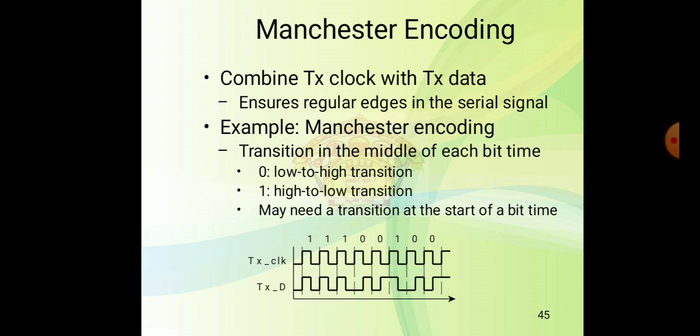Since in Manchester encoding the data is synchronized with the transmitter clock and the clock is combined with the data, the receiver must be able to recover the transmitted clock and the data from the signal. It does so using a circuit called a phase lock loop.